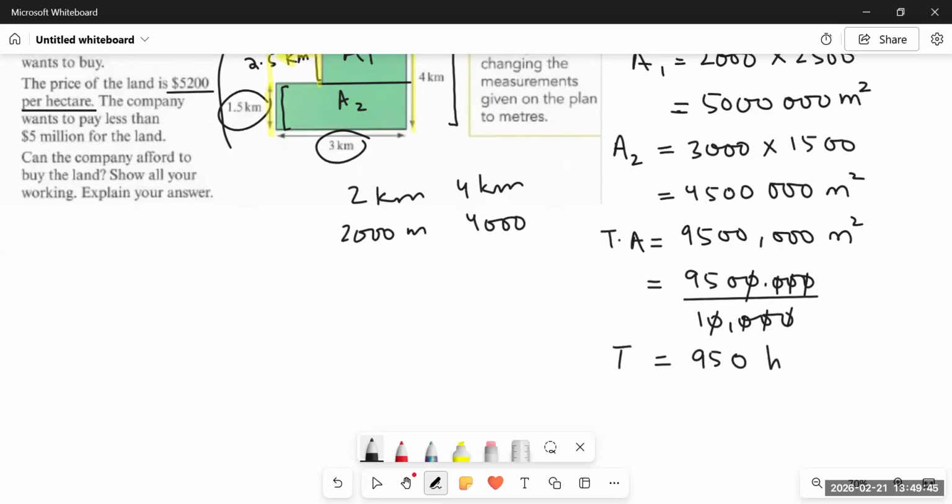So this is the area of the land. 950 hectares. So if the price of land is $5,200 per hectare, that is 1 hectare cost $5,200. So what would be the cost of 950 hectares of land?